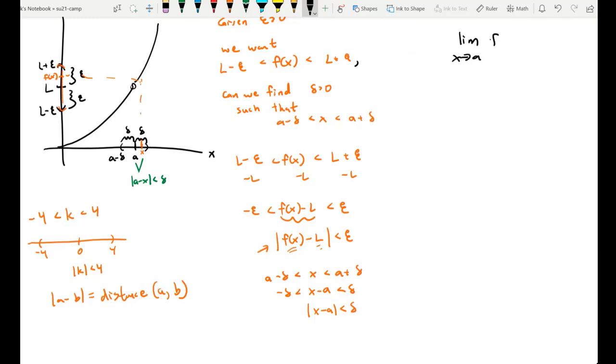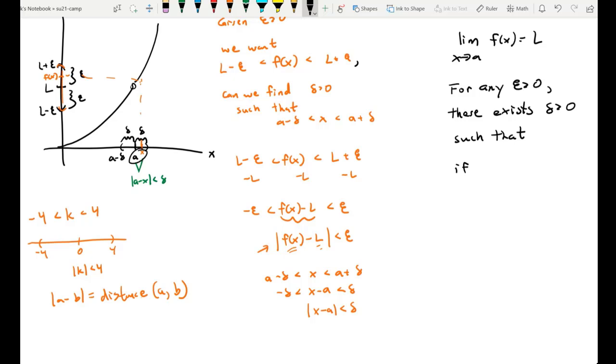Whenever we write this, we mean that for any epsilon you choose, so regardless of how close you want to get to the limit on the y-axis, and it has to be positive, of course, we can always find a delta, a distance on the x-axis, such that if x is close enough to a, delta close, that is to say the distance between x and a is less than delta.